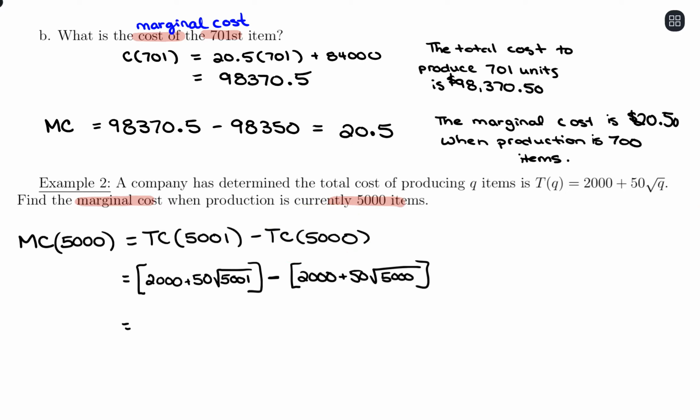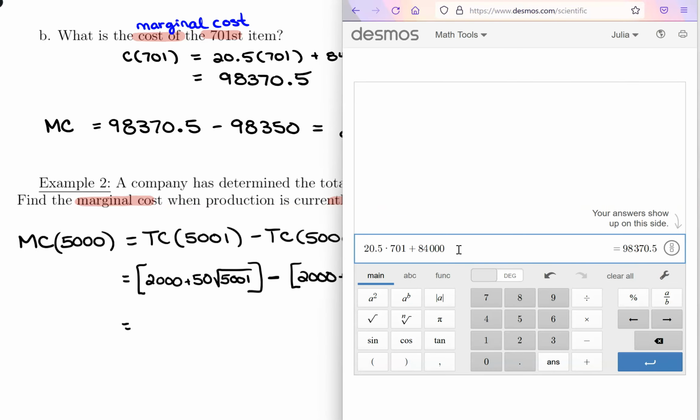And with that, let's go to the calculator and take a look at this. I'm going to use parentheses to help out here. So 2,000 plus 50, and then we have a square root symbol here of 5,001. I'm going to close parentheses, subtract, start parentheses, 2,000 plus 50 times that square root of 5,000.